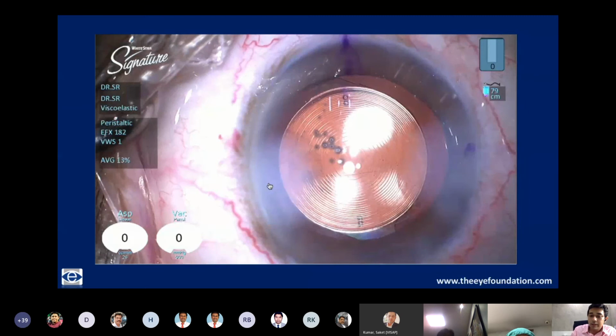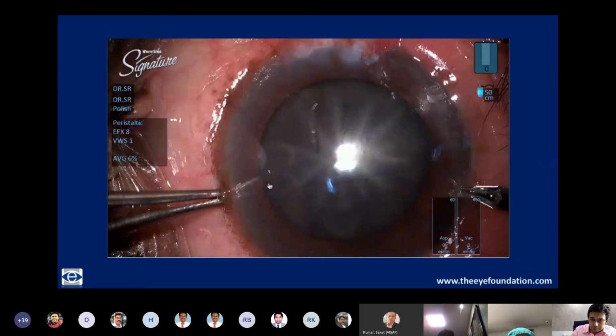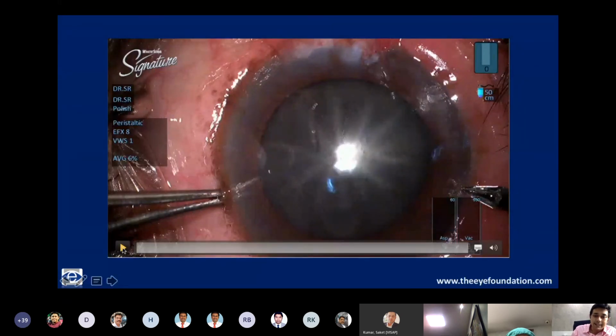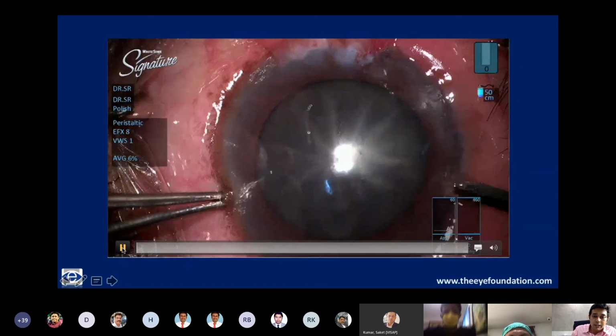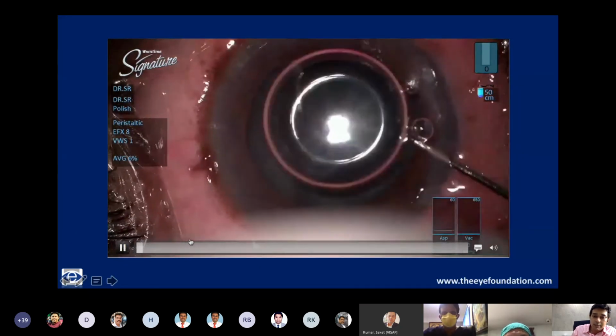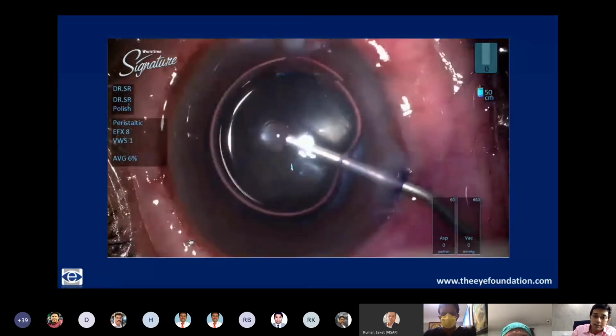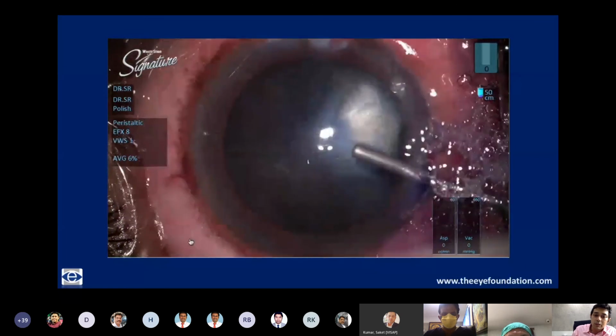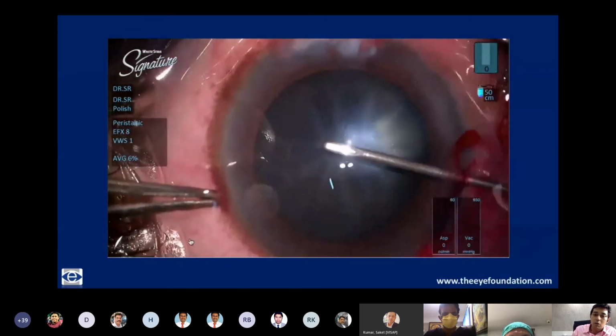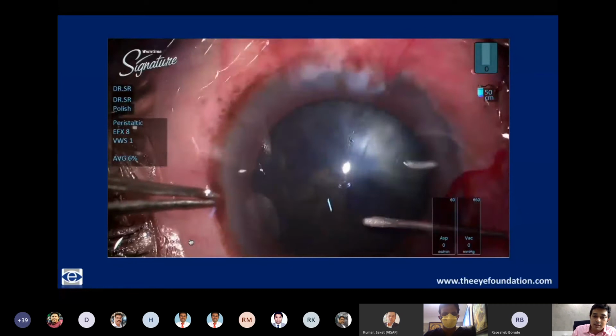So this is a brown cataract with a toric lens. We'll move ahead with a black cataract, where some of the earlier techniques which I had mentioned are useful, but I'll use this video particularly to elucidate the multi-level chopping which I was talking about earlier. So this is the rhexis just happening.